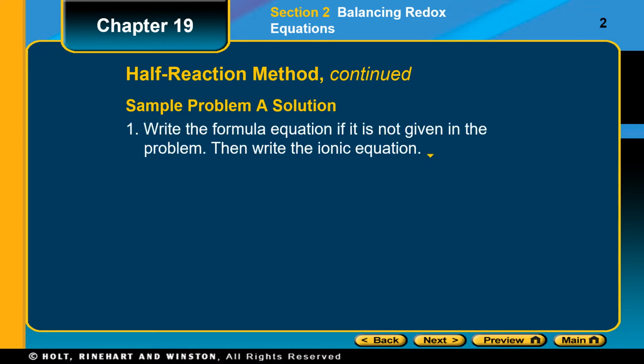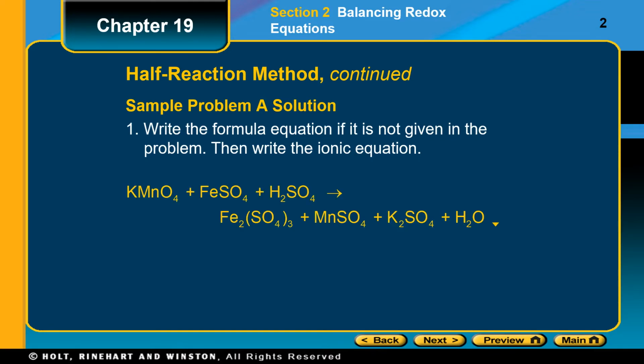So let's write the formula, and then we're going to write the ionic equation. So here we had potassium permanganate plus iron 2 sulfate plus sulfuric acid, and the products are going to be iron 3 sulfate, manganese sulfate, potassium sulfate, and water.